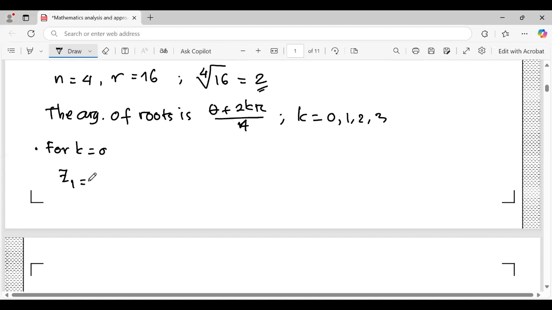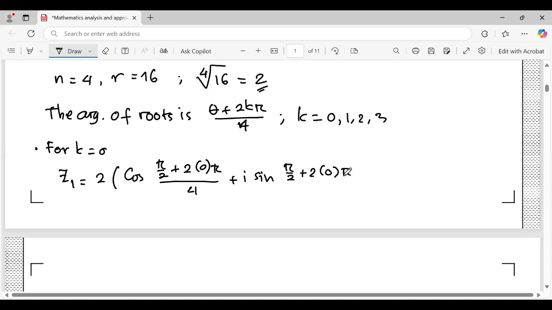z1 is 2 times cosine of pi over 2 plus 2 times 0 times pi, divided by 4, plus i sine of pi over 2 plus 2 times 0 times pi over 4.